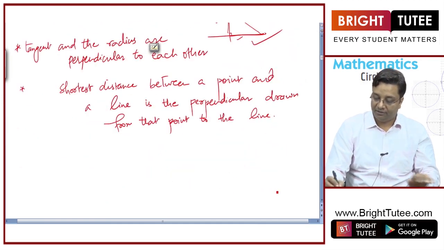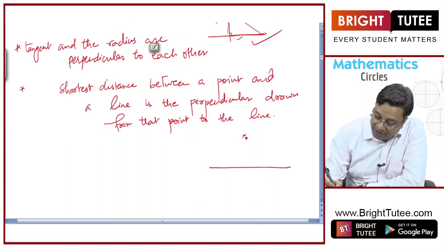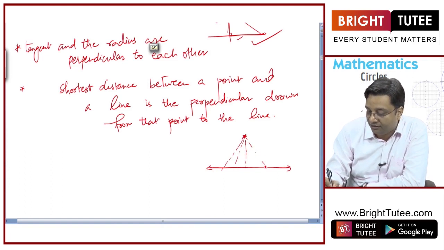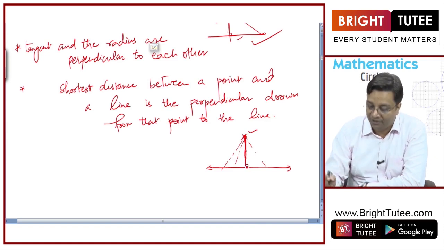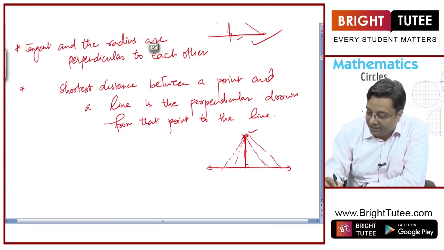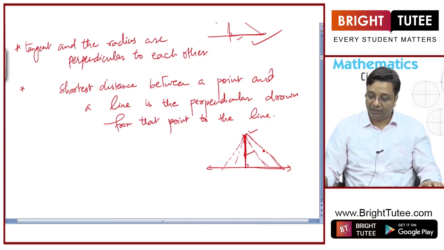What I am trying to say here is, if this is a line and this is a point, okay, so there can be an infinite number of distances that can be calculated from this point to this line, right? This distance, but the shortest distance is the distance which is perpendicular, drawn from this point to this line, right? This is 90 degrees. This perpendicular distance is the shortest distance, because any other line will act as the hypotenuse of this triangle, which is greater than this, right? So this is what you can think.